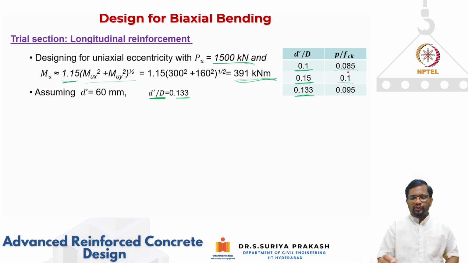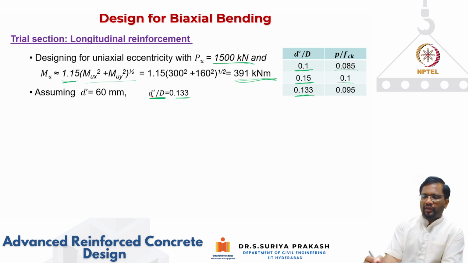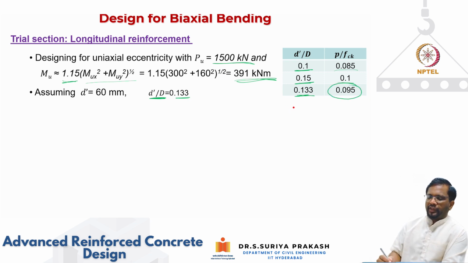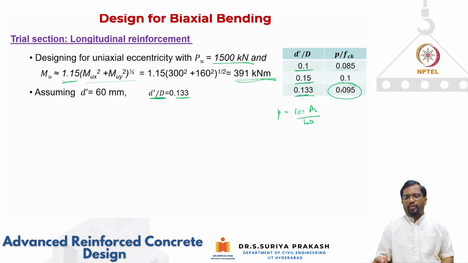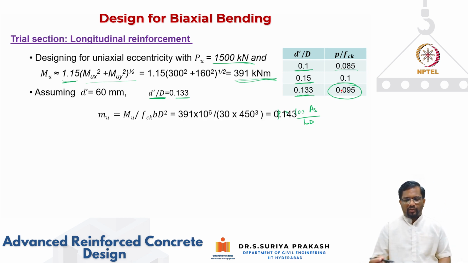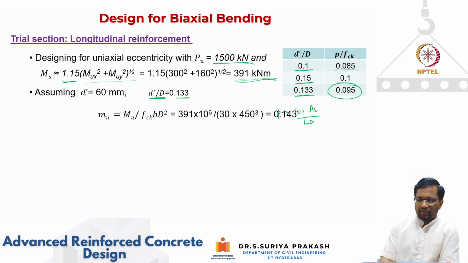But now let's assume that for a D prime by D of 0.133, the chart gives me a value of 0.095. So what is P by FCK? Small p is 100 area of steel by B into D, and FCK we know is 30.